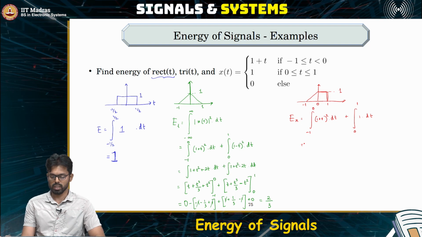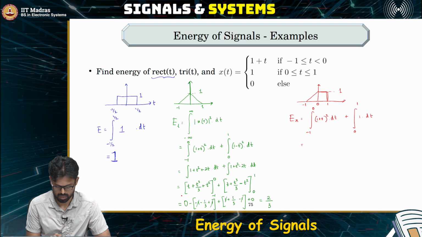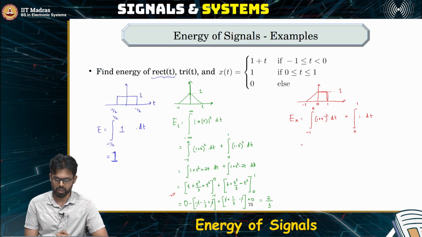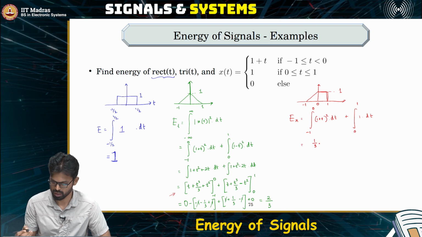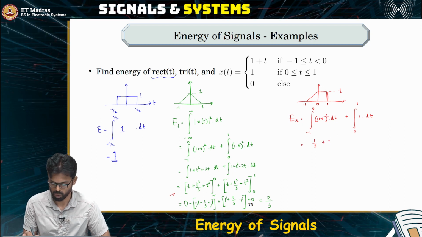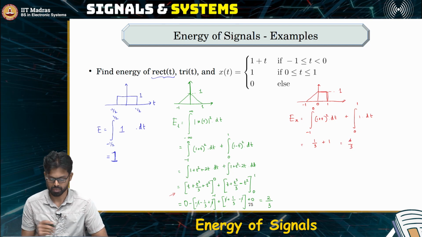We just did this evaluation here, so we can use that directly. We got 1 by 3 there plus 1, this is 4 by 3.